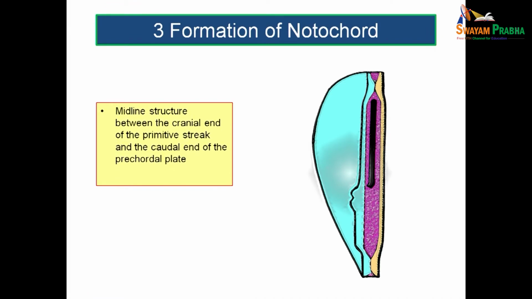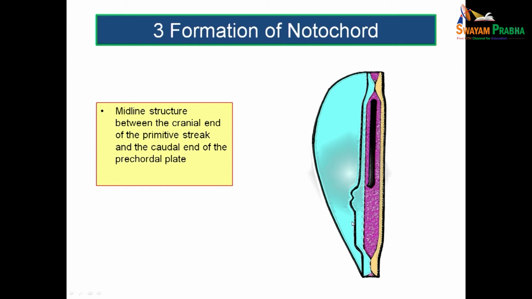Now let us see the formation of notochord. The midline structure between the cranial end of the primitive streak and the caudal end of the precaudal plate is what is meant by notochord. If you take a section of the disc, this is the ectodermal layer and this is the endodermal layer, and if you check the mesodermal layer, you can see a rod-like extension in the middle along the midline.